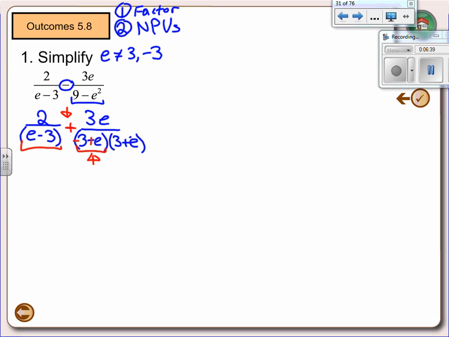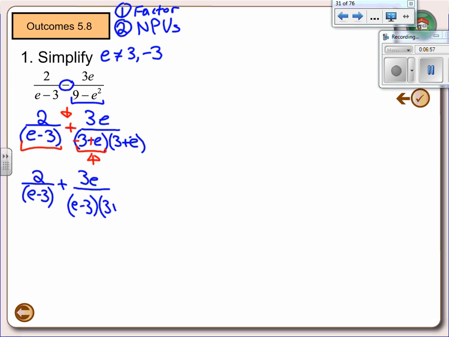So now we have 2 over e minus 3 plus 3e divided by e minus 3, 3 plus e.